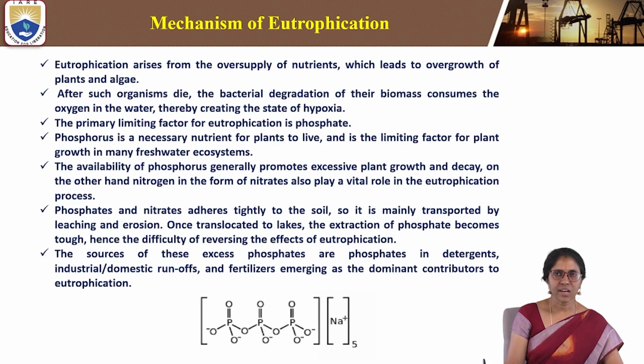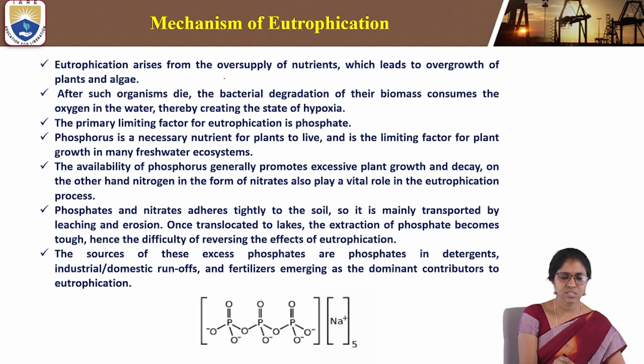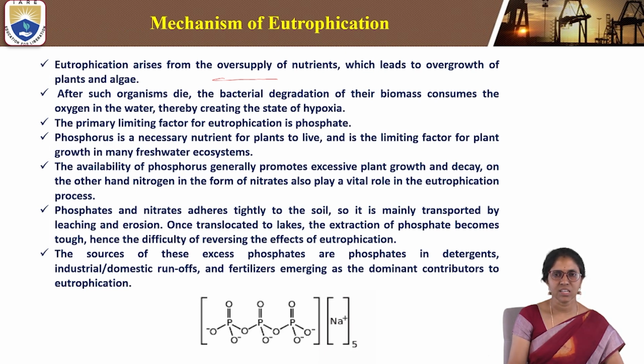Now the mechanism of eutrophication. How is eutrophication occurring? Eutrophication arises from the oversupply of nutrients, which leads to the overgrowth of plants and algae in the lakes.